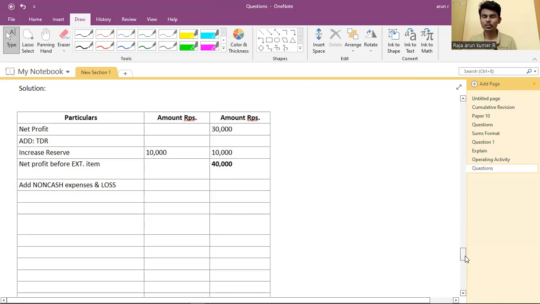Surely they ask cash flow statement in paper number 10 and paper number 12, you can attend that question, that 22 marks is yours. Okay, I can assure that. Do the sum faster. I do the sum already, then only you can manage your time.